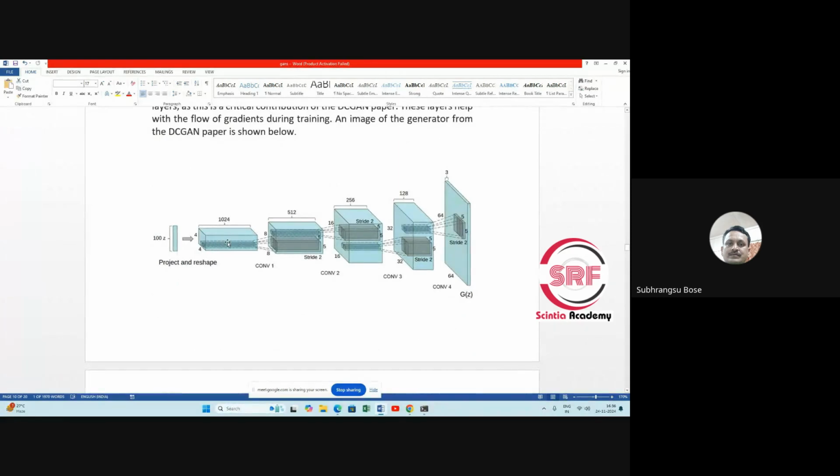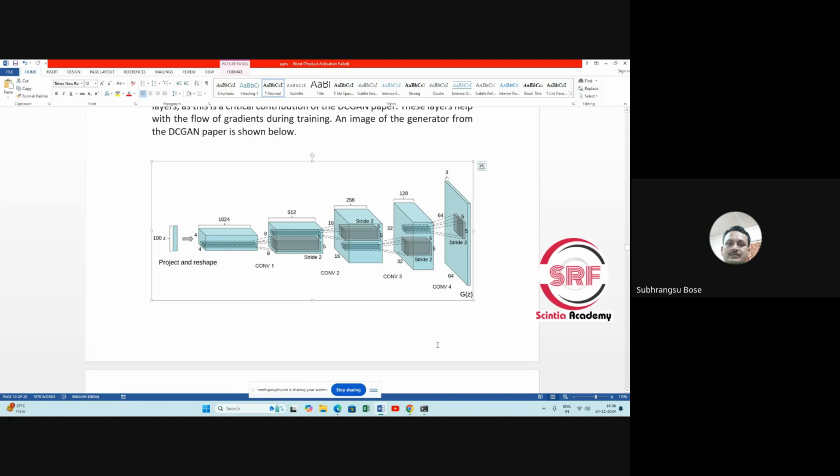Then one step where 1024 is the channel and 4 and 4 are the width and height. After convolution 1, height and width will be increased, but channel will be decreased. And then height 16, 16, and 256, then 32, 32, 128, and then channel is minimized, and height and width are increased.